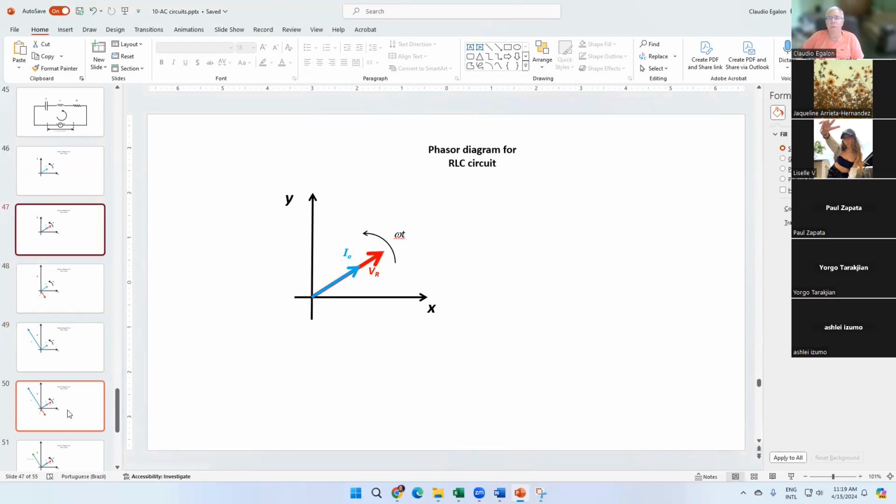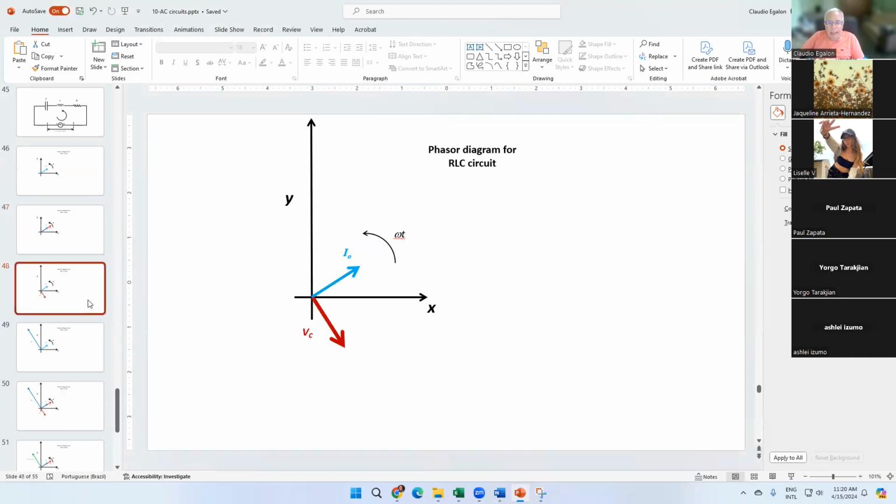I started right here. RLC circuit. We start with the current now, with the phasor of the current now. Remember, the phasor of the current is the same for each element in the RLC circuit, which is rotating in this counterclockwise direction. We add the voltage across the resistor, which is also rotating in the counterclockwise with the current.